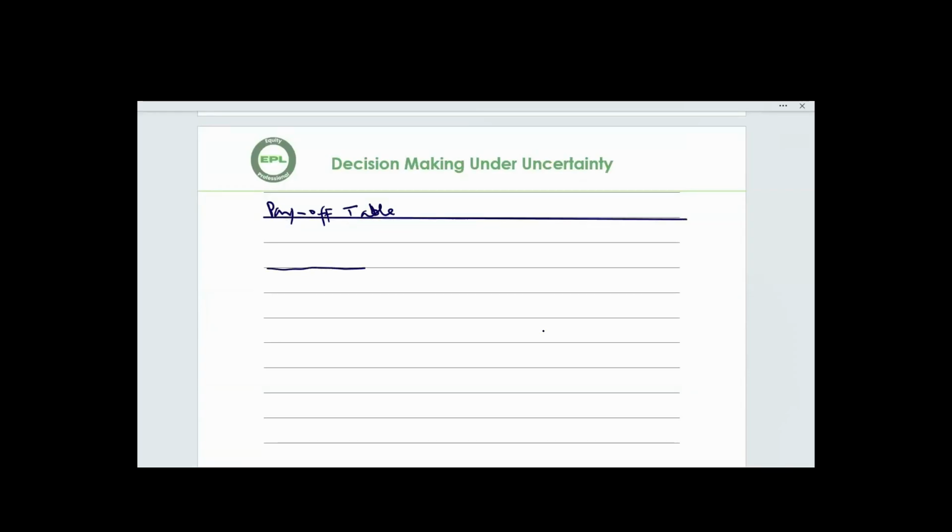So let's construct the payoff table. Here is alternative. Under the alternative, the decision is whether to buy 10 boxes of apple, or 20 boxes, or 30 boxes.